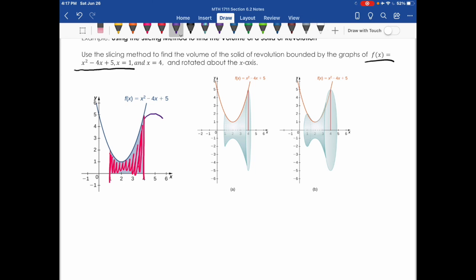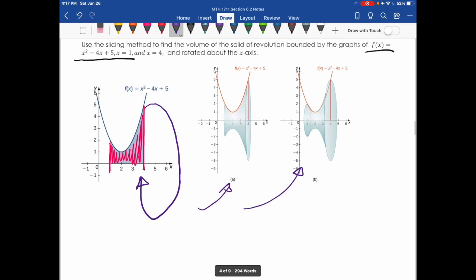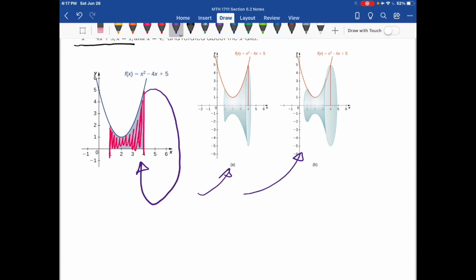So this is going to be our planar region. Now, as we take that and we spin it around the x-axis, we're going to get this shape here that creates a solid.